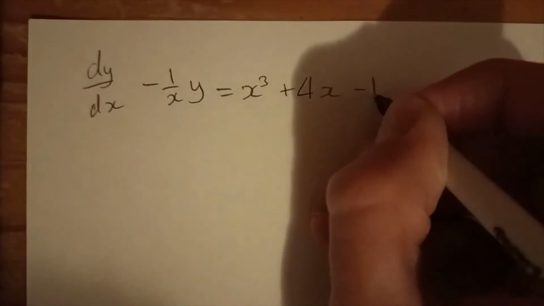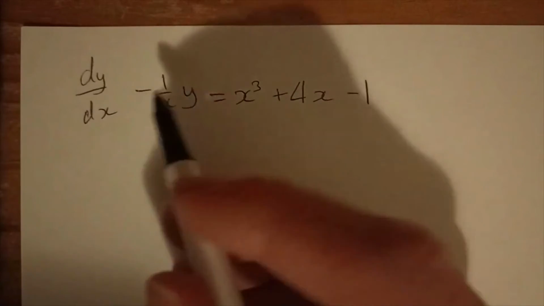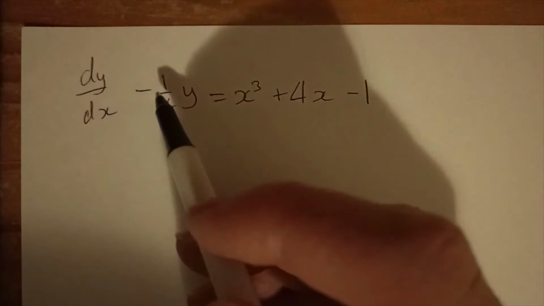So I'll do one more example of a first order linear differential equation. dy dx minus 1 over x y equals x cubed plus 4x minus 1. So it's a first order equation because the highest derivative is the first derivative.